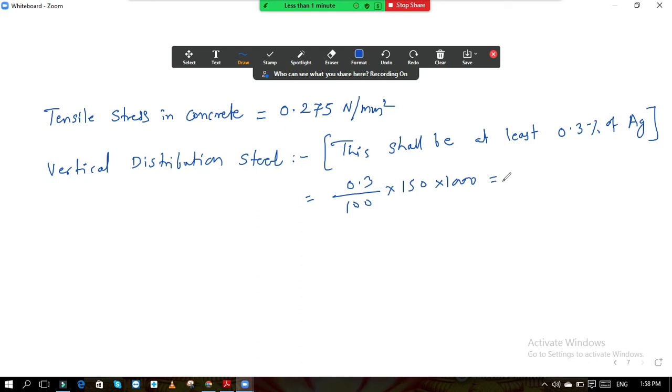If you calculate 0.3 divided by 100 into 1000 into 150, it is 450 mm square. This is 450 mm square per meter. Again, this is per meter. So for this area, we will provide.